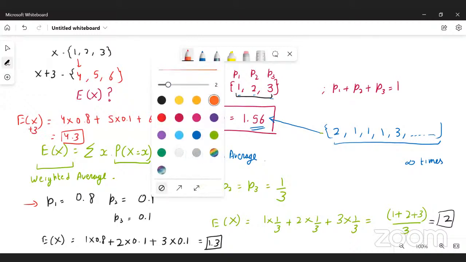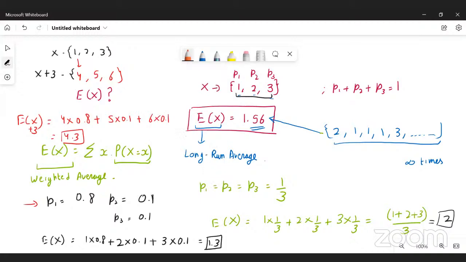If you want to know why this happened, look at the formulation perspective, right? Now I am finding the expected value of x plus 3, which is nothing but summing over all the values of x plus 3 times the probability it takes that value, right? So if I open the summation, it would be summation of x times the probability plus summation of 3 times the probability.